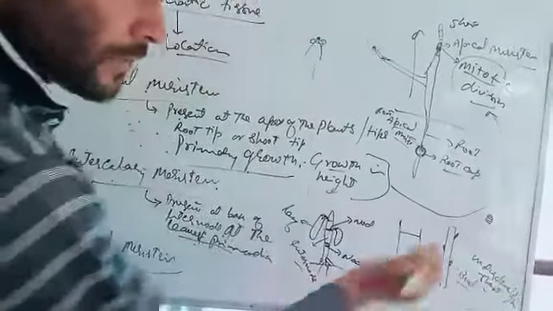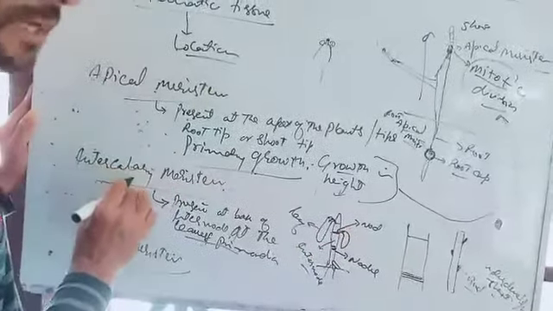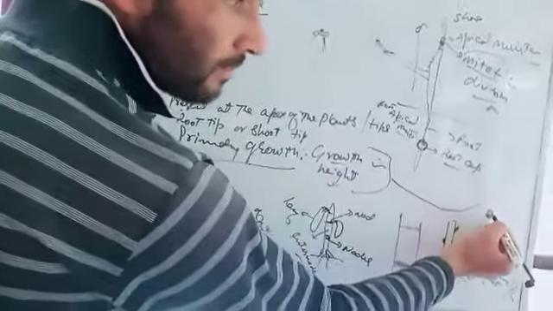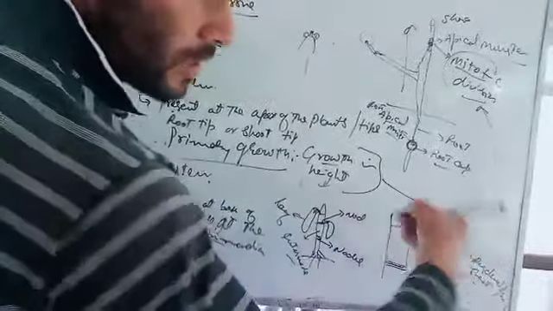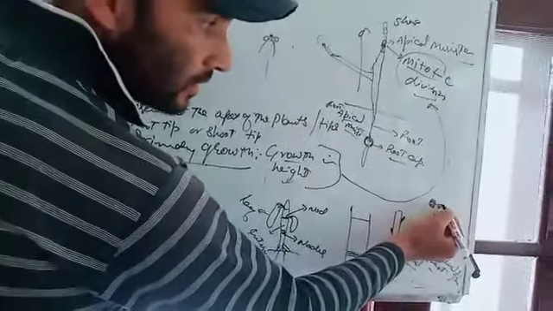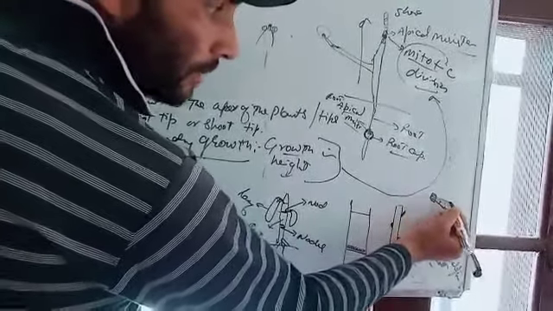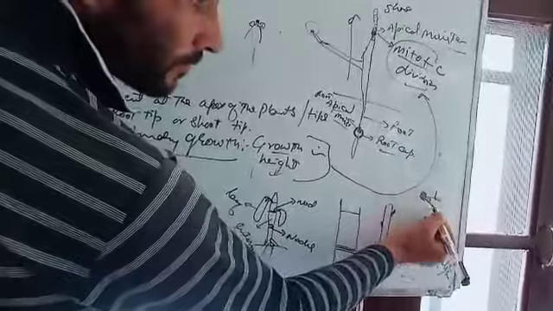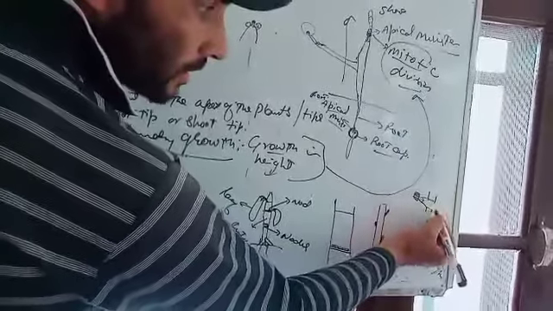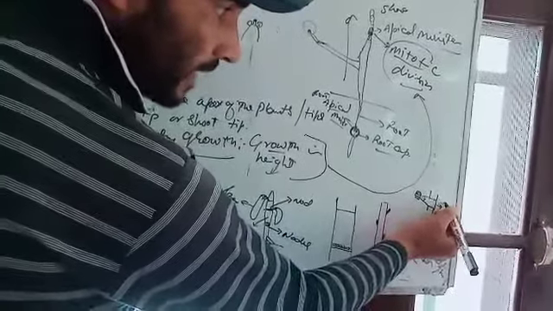At the base of the internode there is intercalary meristem. This intercalary meristem divides so that this internode may be enlarged like this, and then this internode can again be enlarged.